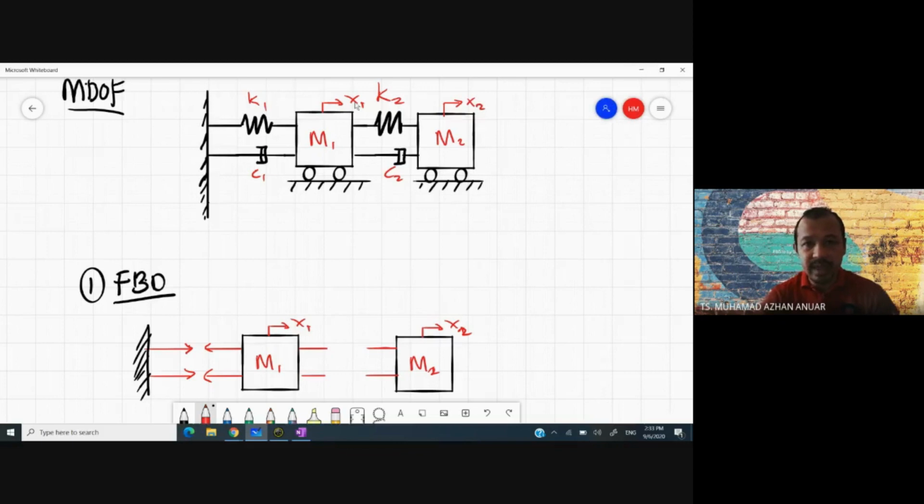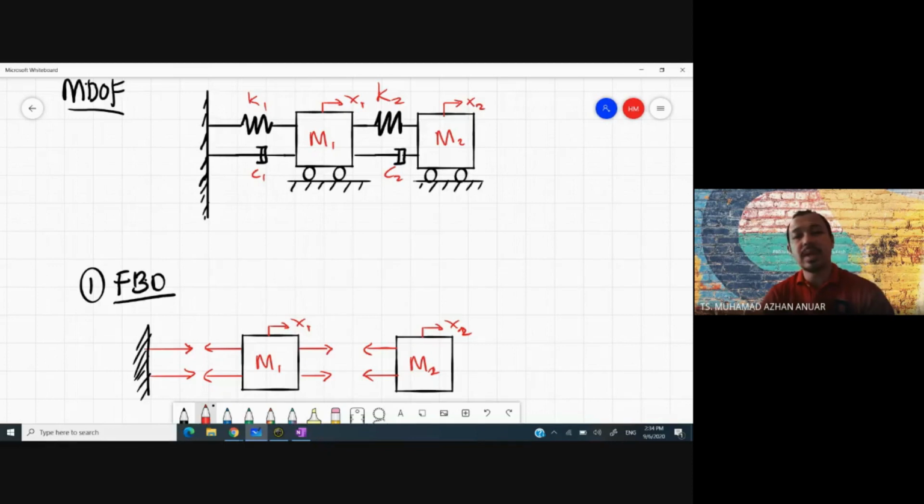If x2 is greater than x1, block M2 is moving faster or more as compared to M1, so this area will be in tension. When this area is in tension, you draw the free body diagram in compression. That is the assumption that x2 is greater than x1.